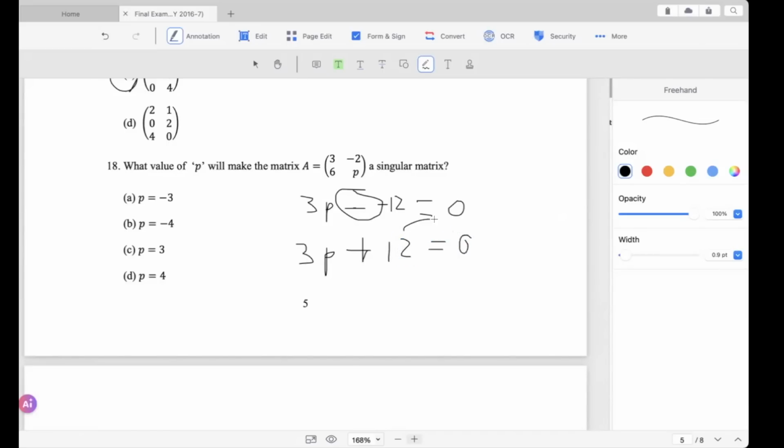So you carry this over the equal sign. So you have 3P equal -12, and then we divide both sides by 3. So this cancels, and then 3 into -12, we'll have -4, so my answer is B.